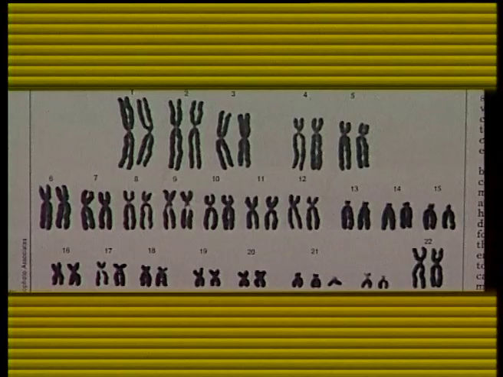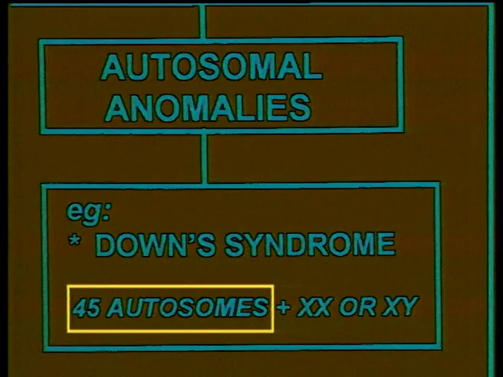If you see the karyotype of this person, he possesses 45 autosomes plus XY or XX. This disorder we can see in the autosomes, which number 45 instead of the normal 44.